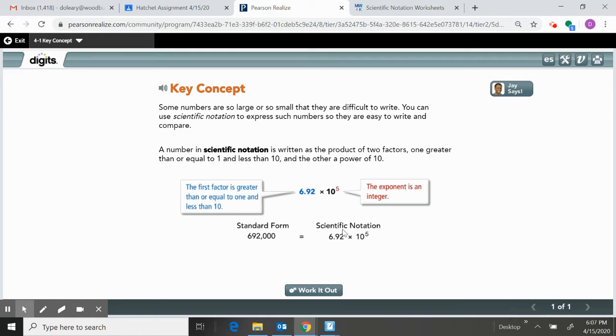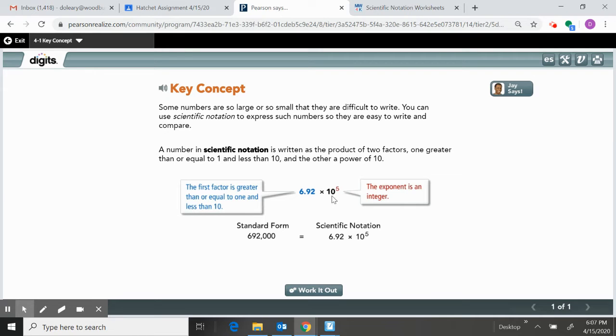Also notice it's important that you understand 6.92 is larger than 6, but less than 7. So 6.92 is like $6.92. If you had $6.92, you wouldn't quite have $7. You would have more than $6, but not $7.